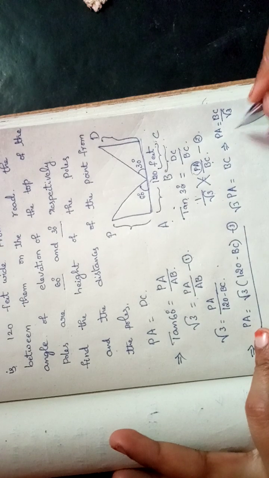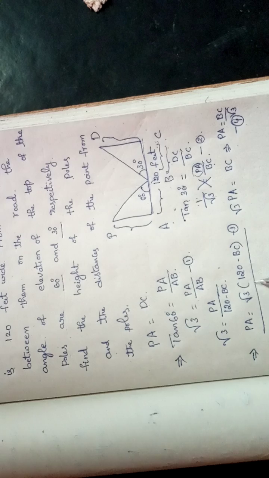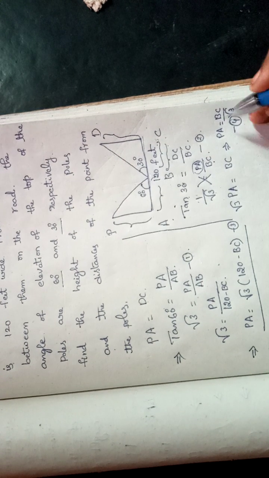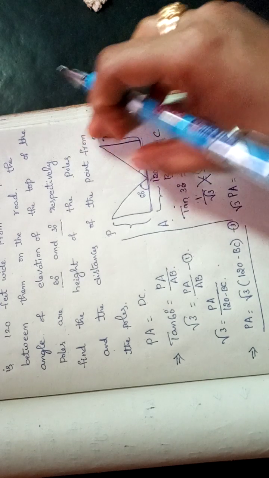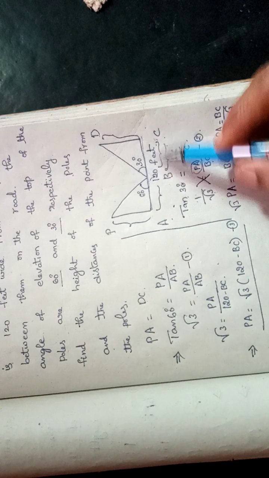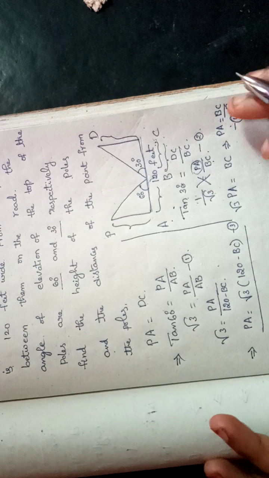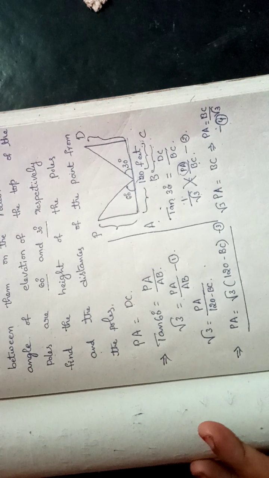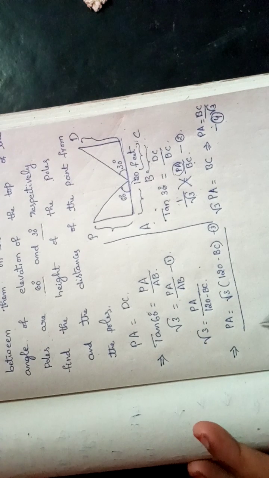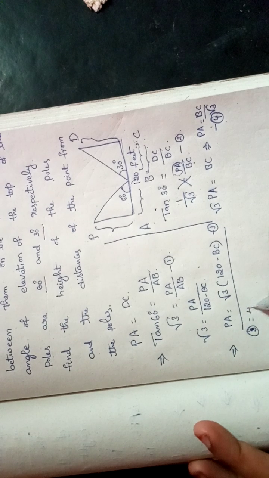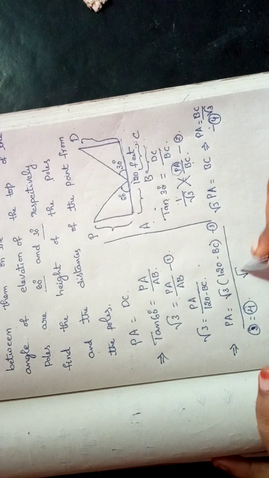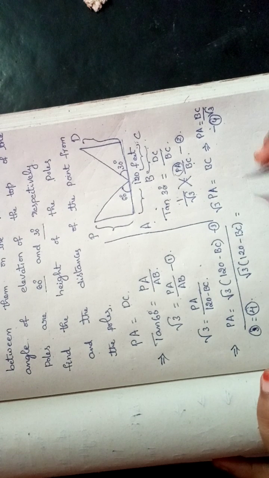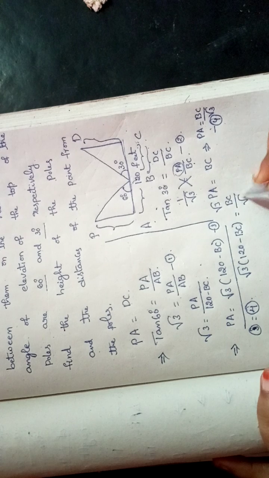We find PA from this triangle and also by using the other triangle. So the PA value is the same everywhere, and we can equate. By equating we can get the BC value easily. So equation 3 equals equation 4, that is root 3 into (120 minus BC) equals BC by root 3.